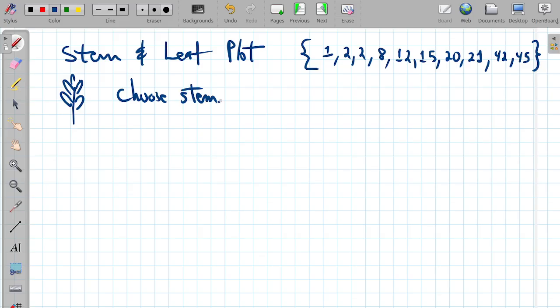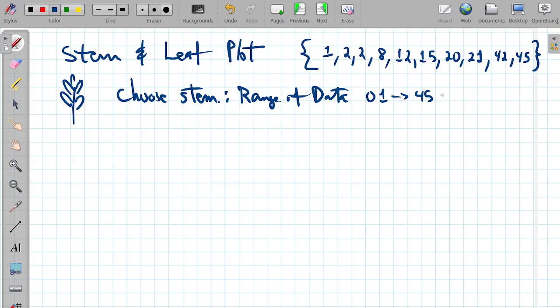Well, we note the range. Look at the range of the data. So you'll notice the data range from 1 to 45. So it seems to me that, so we start from 0, 1. I'm doing that for a specific reason. I'll tell you why in a moment. 2, 4, 5.